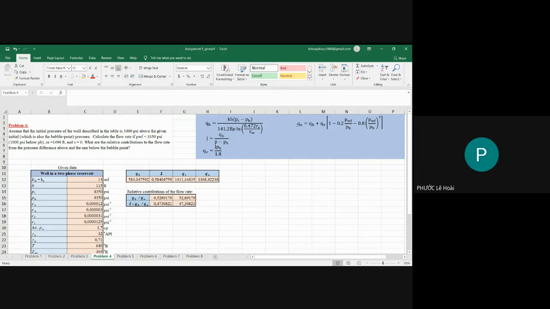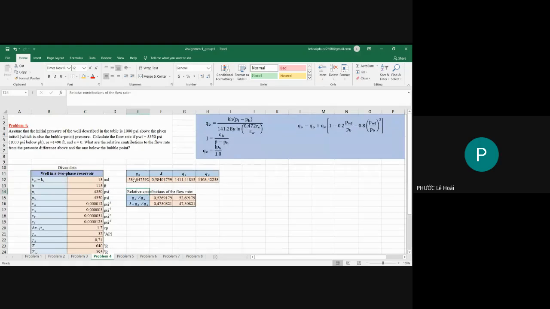And for the Q0 here, we will use both the QB and QV already calculated, and the bottom hole flowing pressure. This one is also shown in the data table, so you can use it.